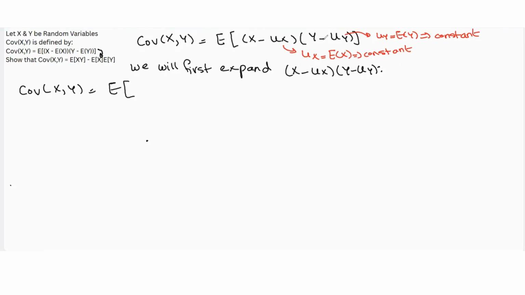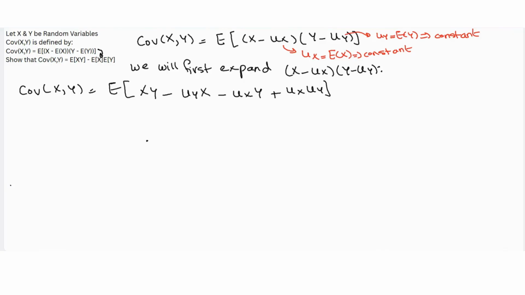When you expand this, you multiply X with Y, so this becomes XY minus, we multiply X with mu of Y, so this becomes mu of Y X. Then you multiply this mu of X with Y, minus mu of X Y, and mu of X with mu of Y, plus mu of X mu of Y, right? So we just expanded this. You multiplied X with Y and mu of Y, mu of X with Y and mu of Y.